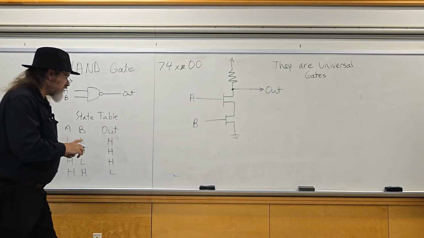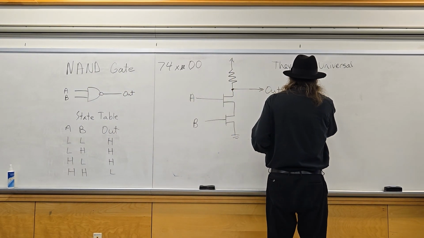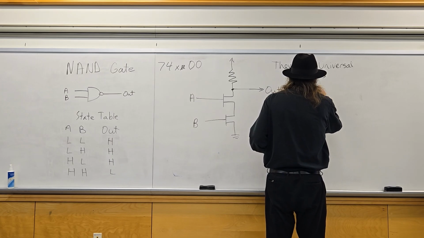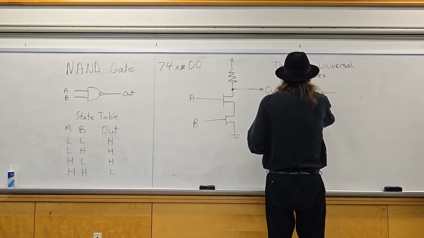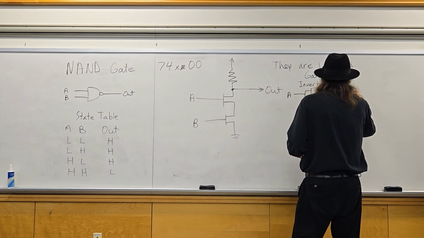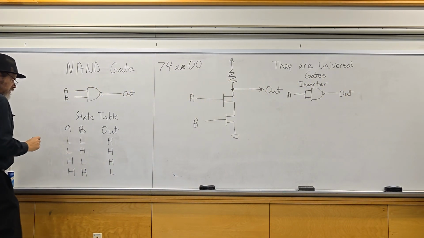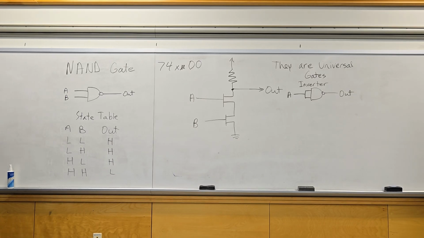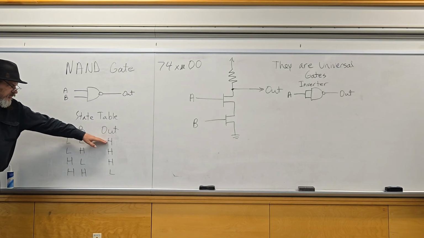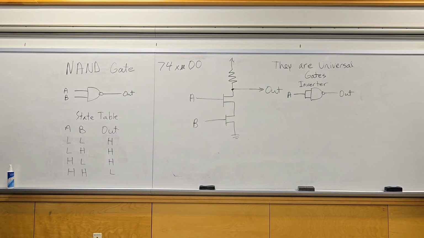To show this, if you look at the state table, if you tie both inputs together, you have low on the input, high on the output, high on the input, low on the output, which is what an inverter does.